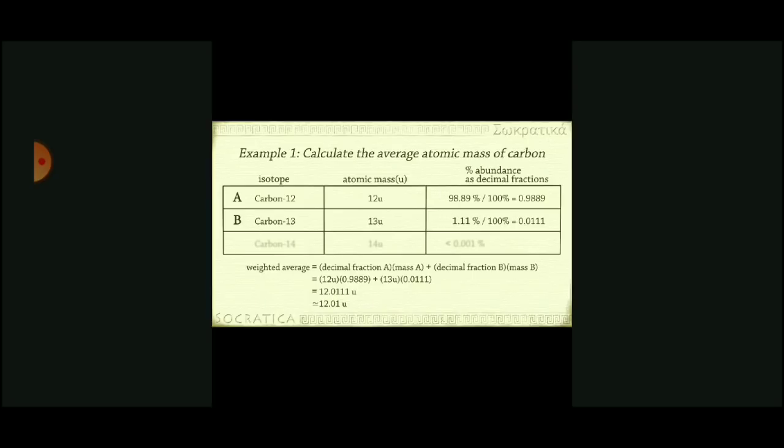So we can write the average atomic mass of carbon is equal to 12 atomic mass unit, or 12 U, or 12 Daltons. This is the way you should calculate the average atomic mass of carbon.